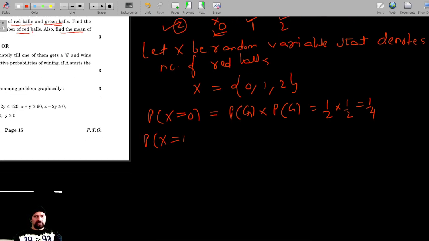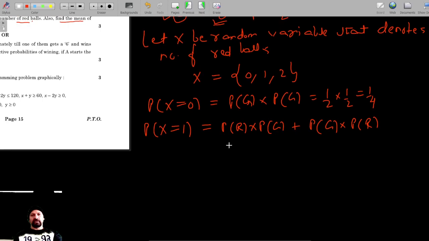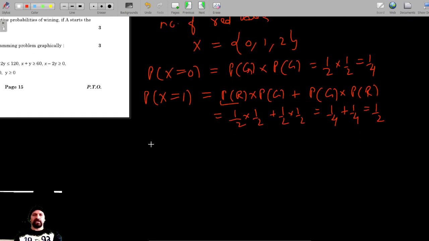And what are the ways in which one of them is red? Either the first ball is red and the second ball is green, or the first ball is green and the second ball is red. So the probability is half into half plus half into half, which gives 1 by 4 plus 1 by 4, which is half.